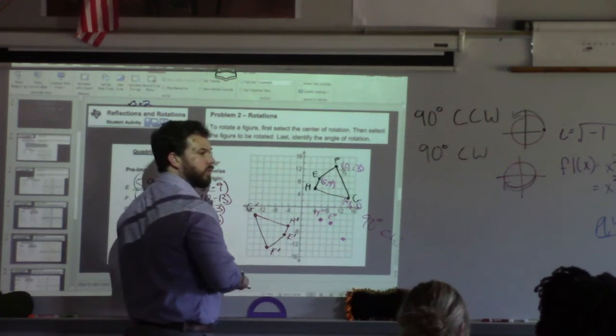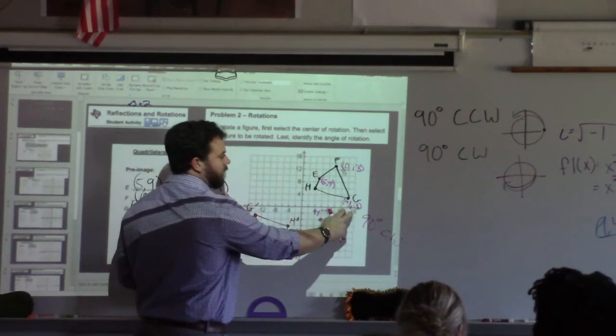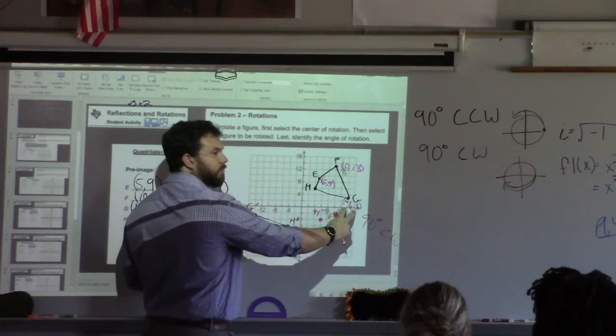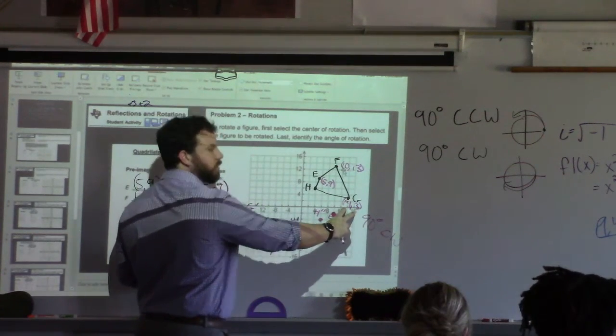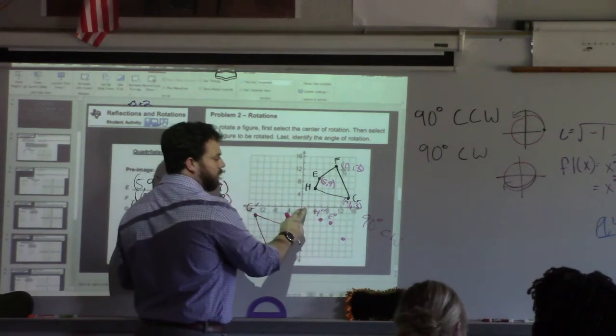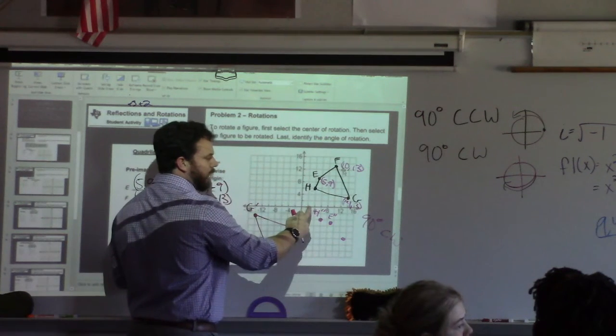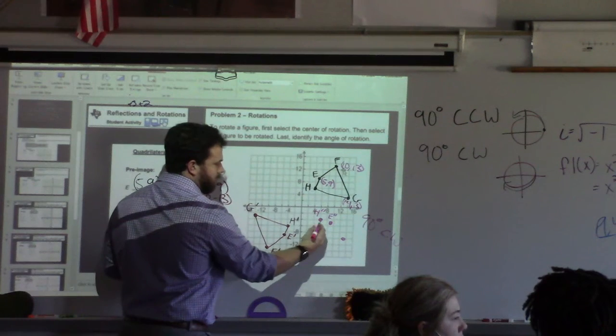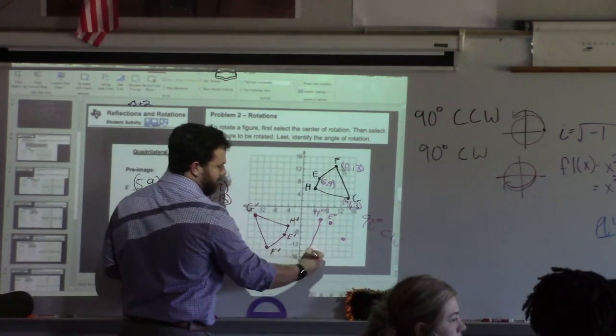No. Come on, what have we said every time about the coordinates? They're going to switch. So what's that going to become? 3, 14. But remember, it's not 3 to the right and up 14. It's 3 to the right. And we know because it's in this quadrant, it has to be down 14.